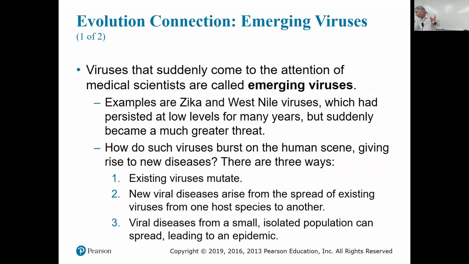And every mammal has its own type of what are called encephalopathies, like bovine encephalopathy is mad cow disease. Sheep have something called scrapie. Deer have something called wasting disease.